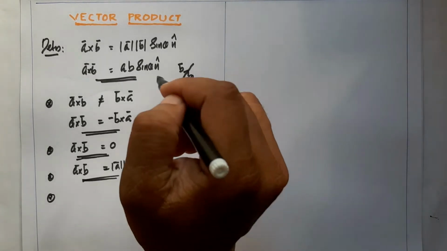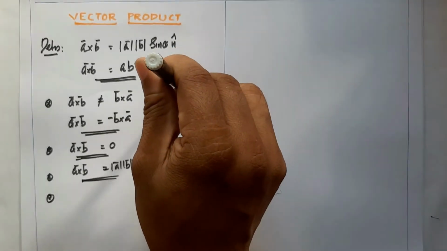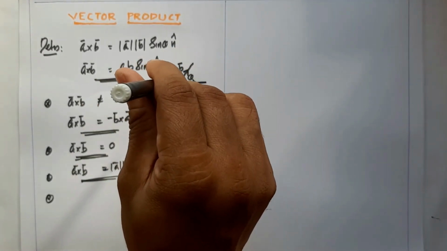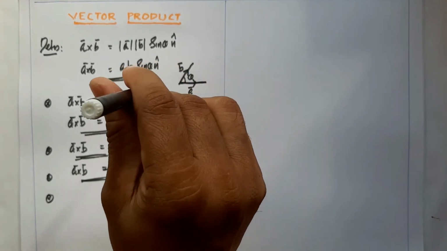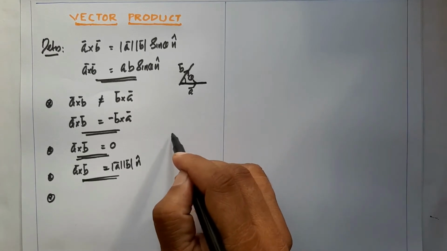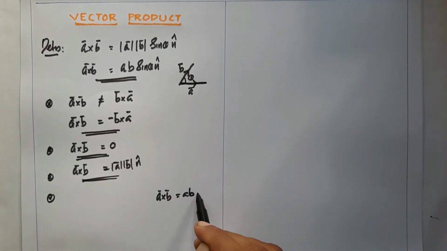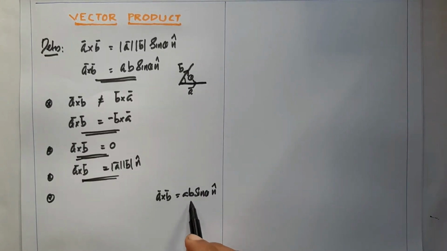Now, the unit vector perpendicular to vector A and vector B. A cross B is perpendicular to both vector A and vector B. Then what is the unit vector perpendicular to vector A and vector B? The formula is A cross B is equal to AB into sin theta into n cap. On cross multiplying, we get A cross B divided by AB sin theta is equal to n cap.